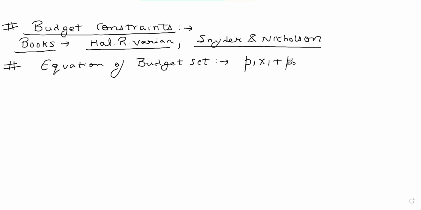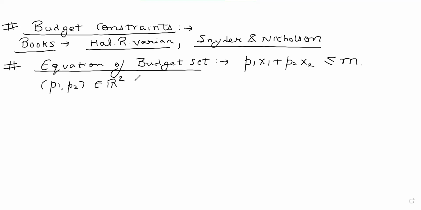P1x1 plus P2x2 less than or equal to your income M, where (P1, P2) belonging to the R2 space is the price vector, and (x1, x2) belonging to the R2 space is the consumption vector.